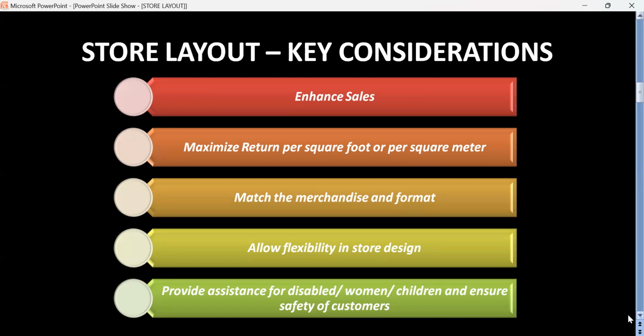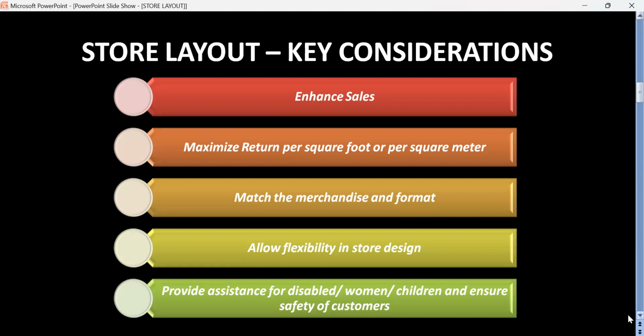Your store layout should also provide assistance for disabled people, women, children, and anyone who needs special care. If you think that disabled people will be walking into your store, you should have racks and pavements in such a way that they are not forced to use ladders or stairs.